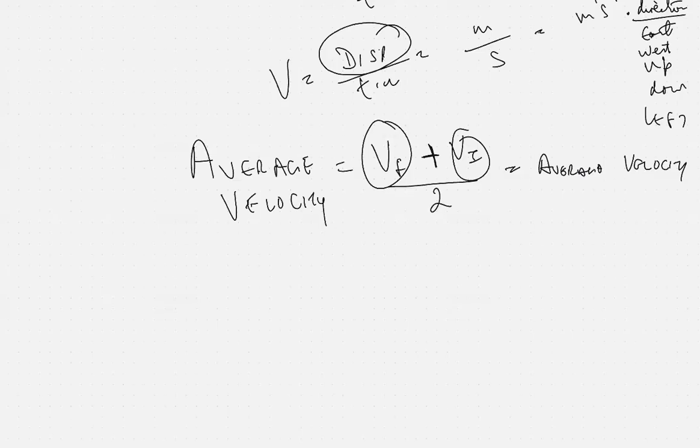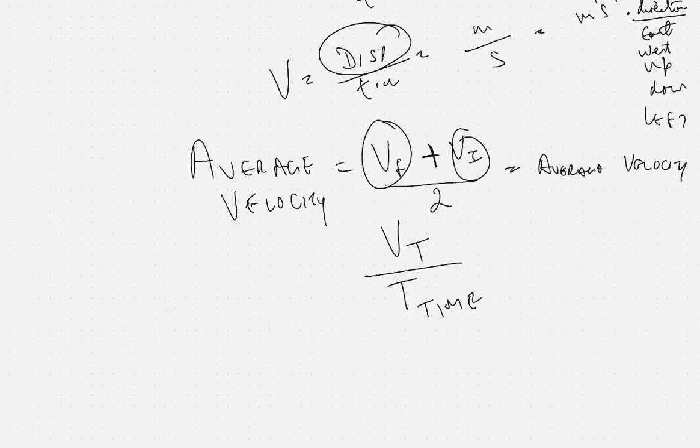Another way of getting the average velocity is to take the total displacement divided by the total time, right? Because to get the average, you have to get the entire distance. Sorry, not the total velocity, the entire distance.